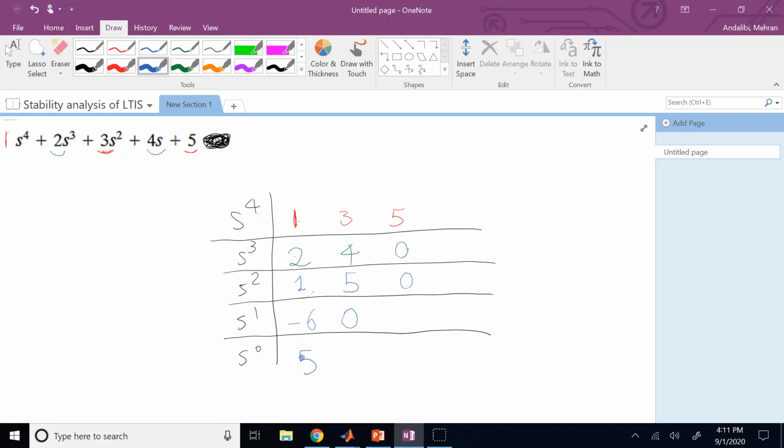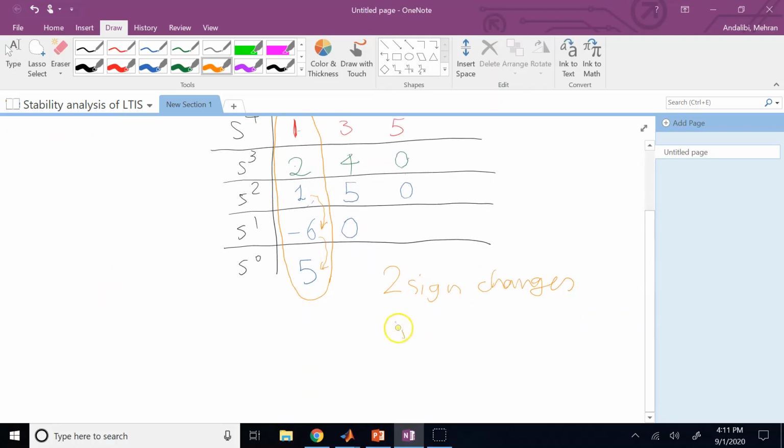So my table is done. Now, all I care about is the first column. Do I see any change in the sign of the coefficients here? Yes. They were positive. Once I came from here to here, that is one change. I went from positive to negative, and when I came from here to here, again, it went back from negative to positive. So I have 2 sign changes in the first column.